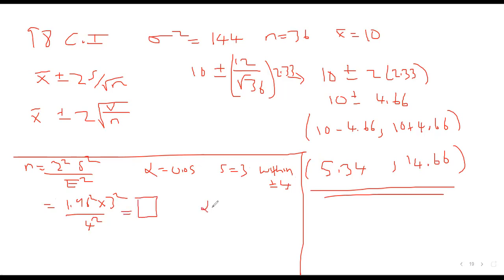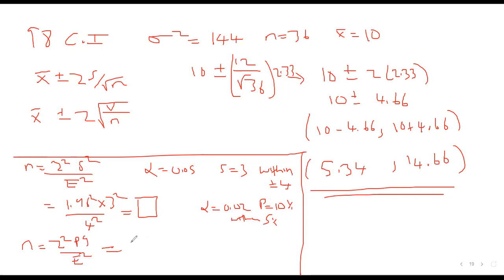Suppose we're given alpha 0.02, our p 10%, within 0.05, within 5%. So what do you do? Our n therefore will be z squared pq over error squared.